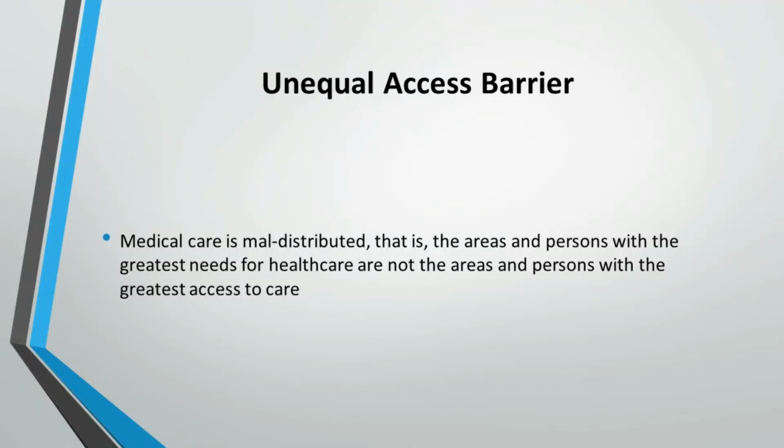Medical care is maldistributed. The areas and persons with the greatest needs for healthcare are not the areas and persons with the greatest access to care. Hospitals, clinics, doctors, dentists, and other healthcare professionals are disproportionately located in well-to-do urban and suburban areas, as the highest fees can be generated there.